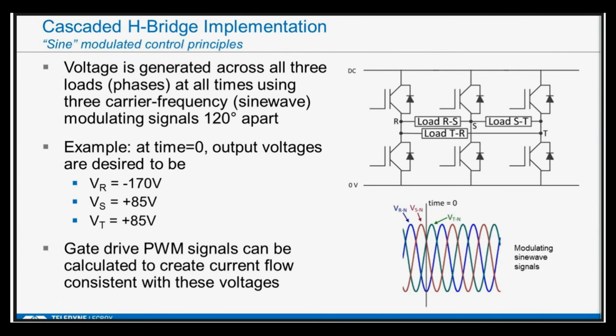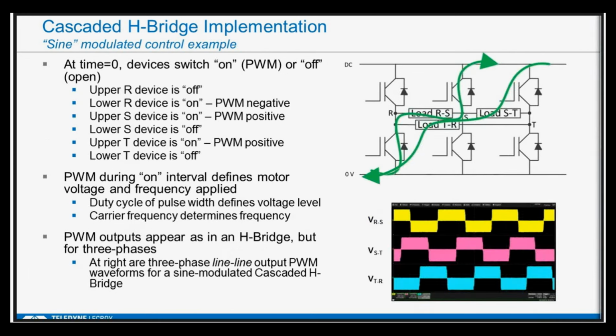From that information, at any given time point, we can calculate in a control system the PWM signals that would need to be supplied to these different gate drives to create the current flows consistent with the operation we wanted.